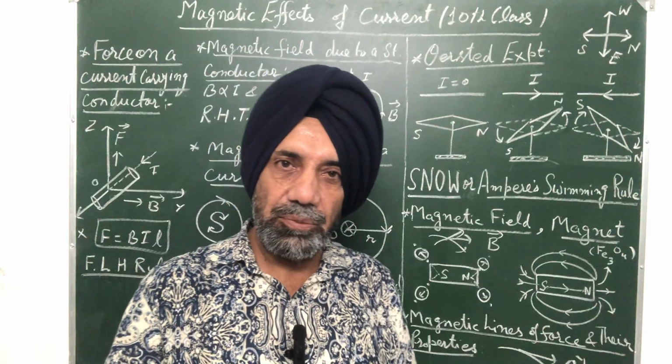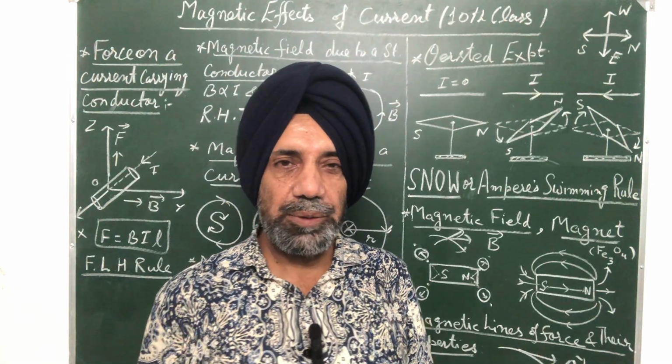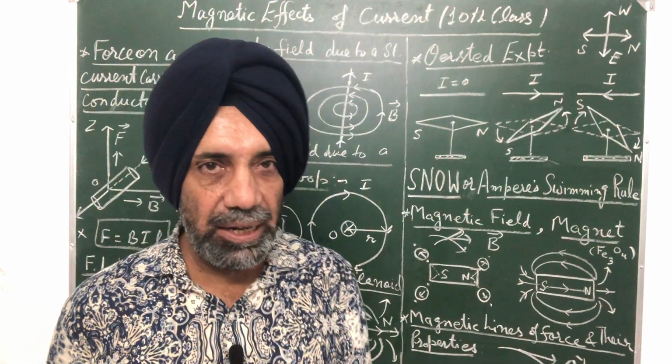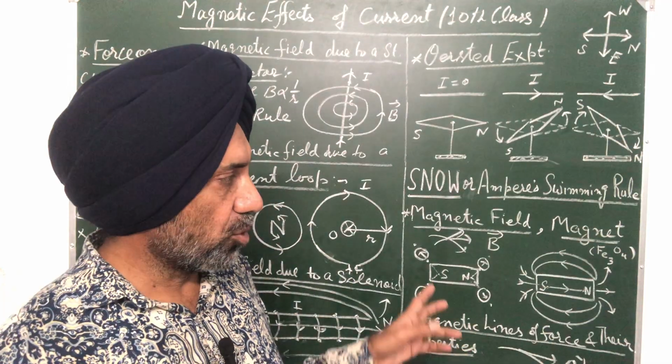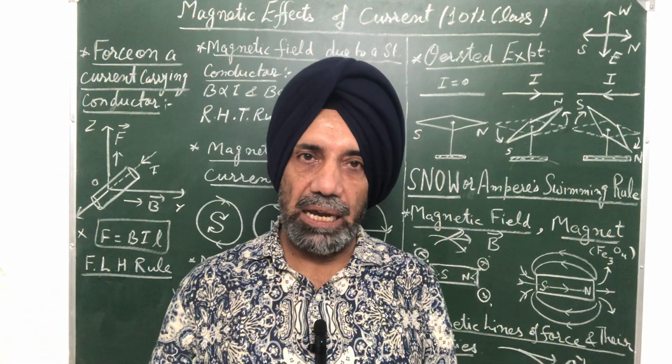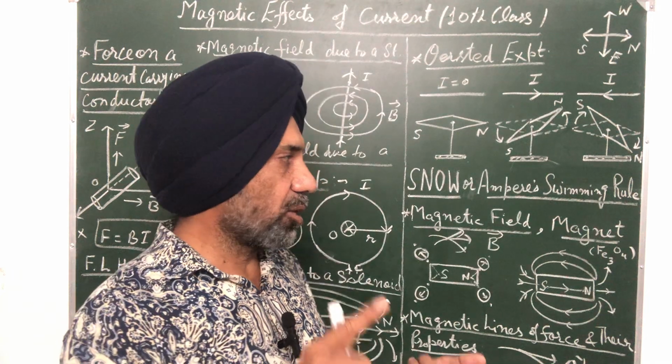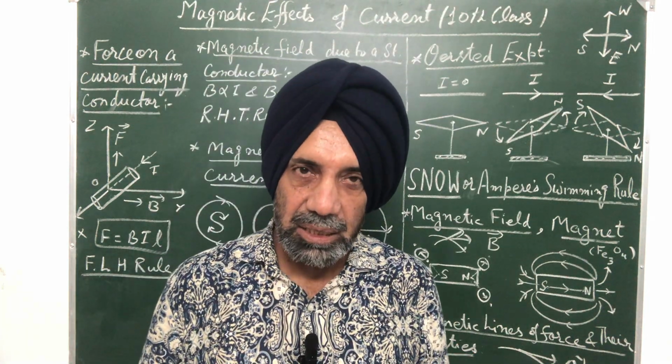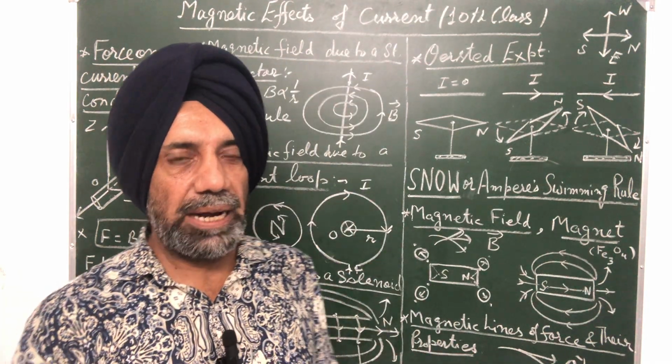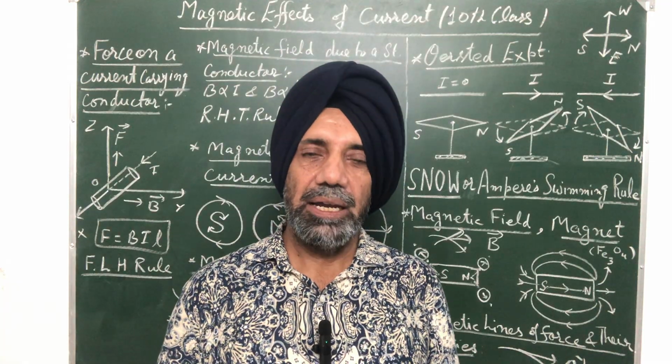So if two lines of force intersect, there will be two directions of magnetic field, which is impossible. They are closed continuous curves. The tangent to the curve at any point gives the direction of the magnetic field at that point.